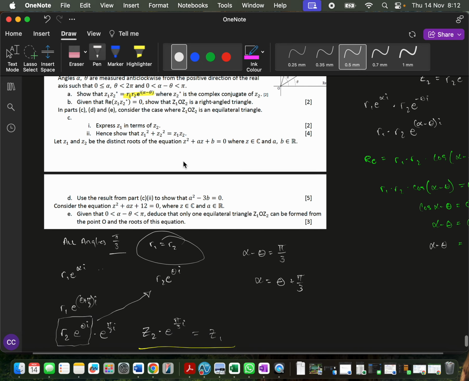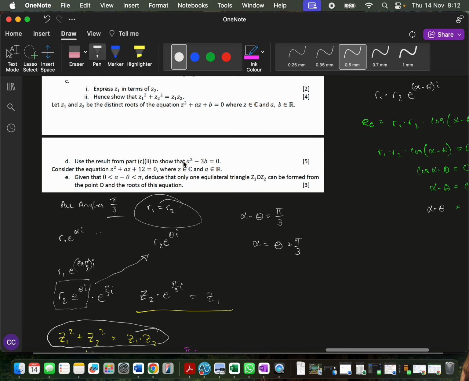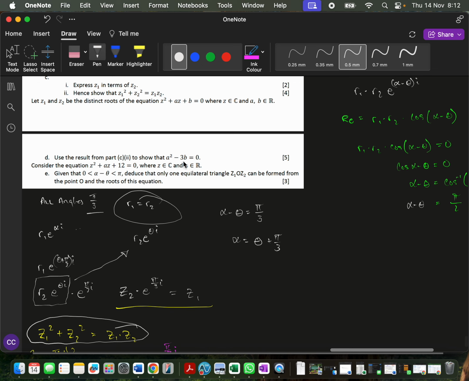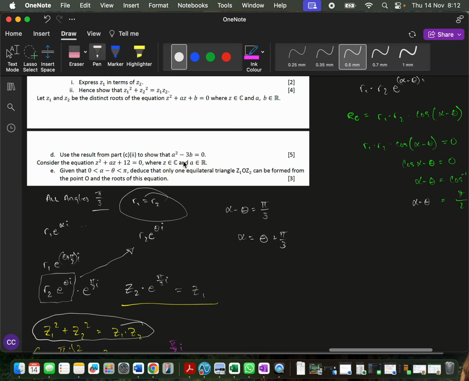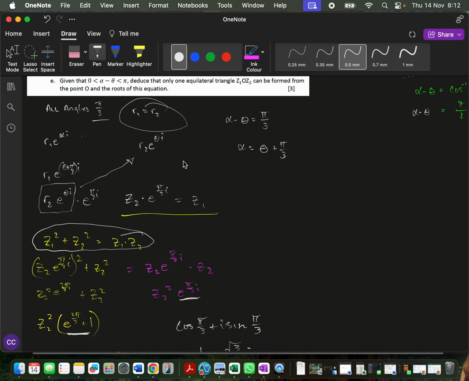We've done that. Let z1 and z2 be the distinct roots of the equation z squared plus az plus b equals 0.